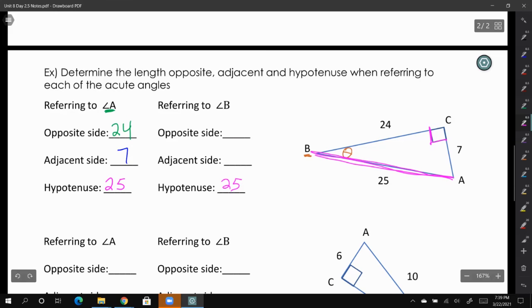Then the opposite side does not touch angle B. So this side right here, that's 7 units long, does not touch my angle B. And then the adjacent side, well, this is the only one left over, but you can see this side connects my right angle and angle B, which is what I'm referring to right now. So that is 24.